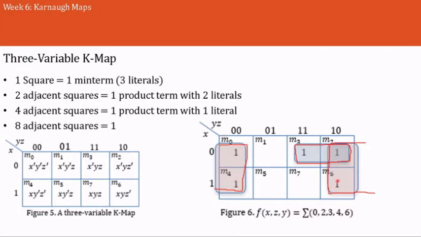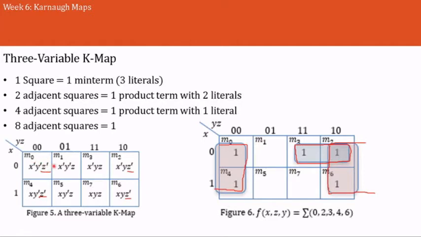But if we look at the value of z, let's take note of the value of z of M0, M4, M2, and M6. The value of z for M0 is z prime. The value of z for M4 is z prime also.